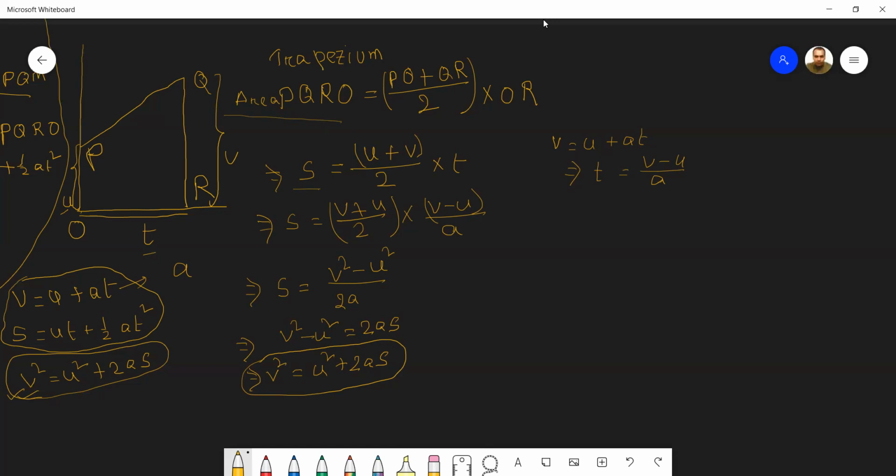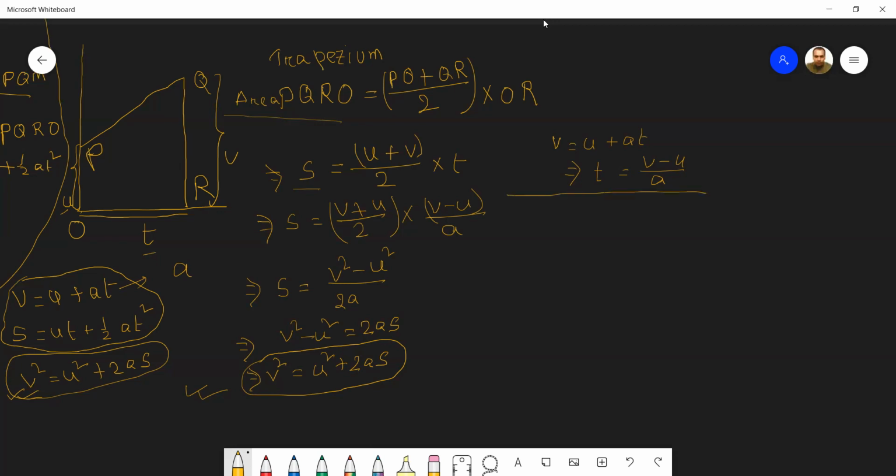Then the T value you substitute from the first equation of motion, and eventually you simplify and you get the third equation of motion. So now I'm going to show you another way of finding the third equation of motion, the non-graphical way.